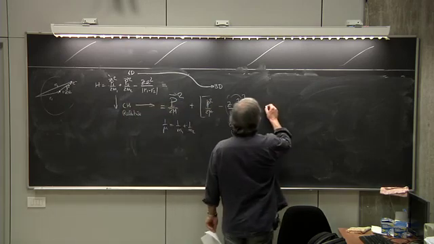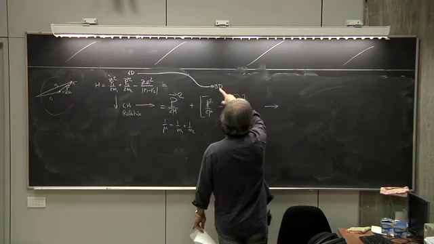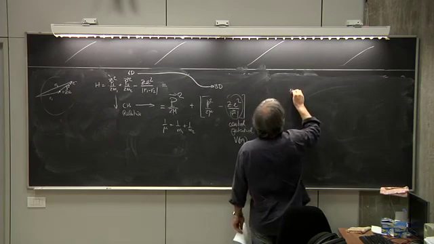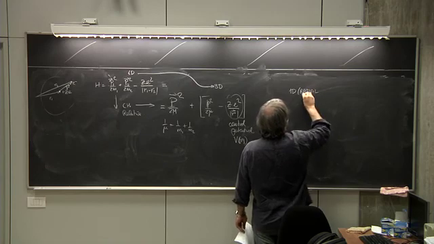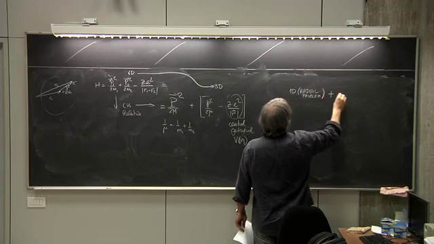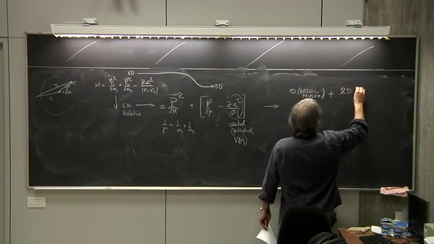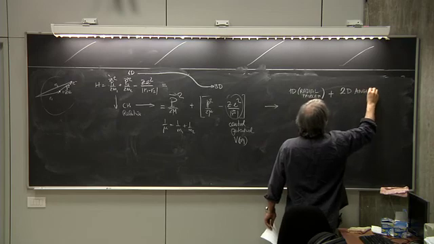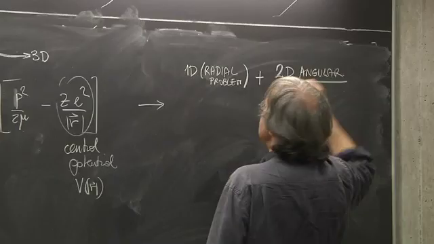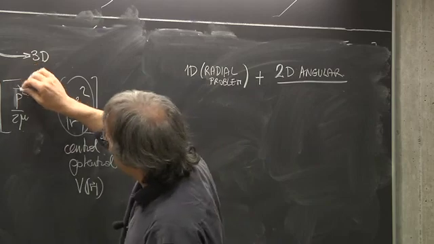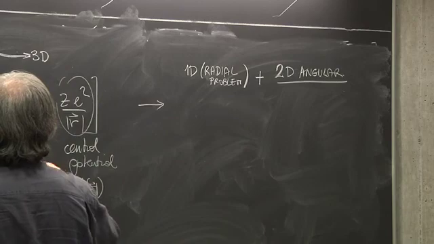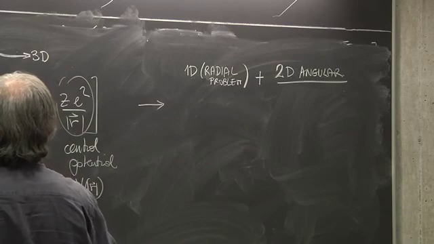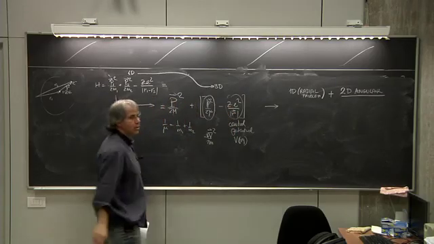And it essentially allows you to separate the 3D problem into a 1D radial problem plus a 2D angular part. In fact, the angular part all appears in the Laplacian part. Not here. Here there are no angles.